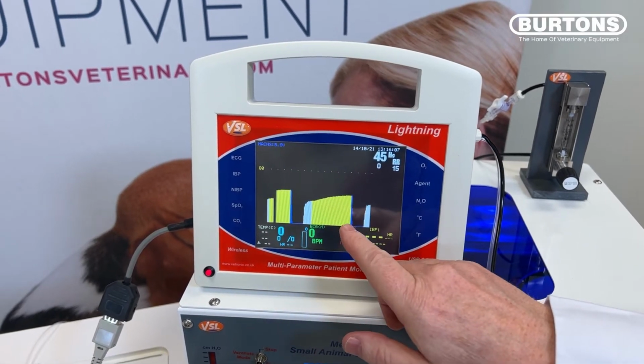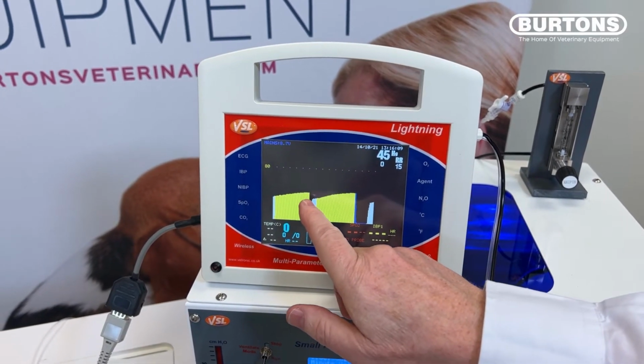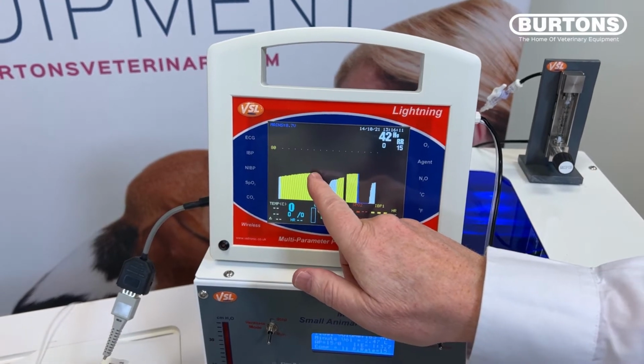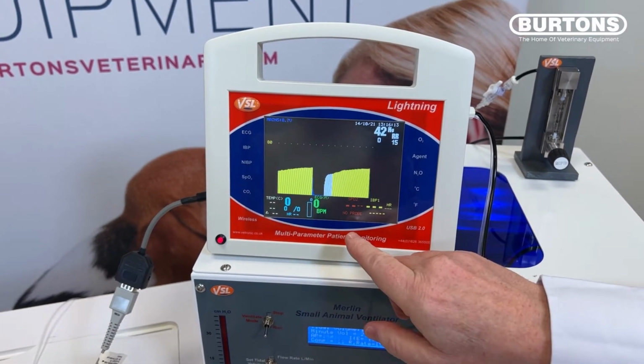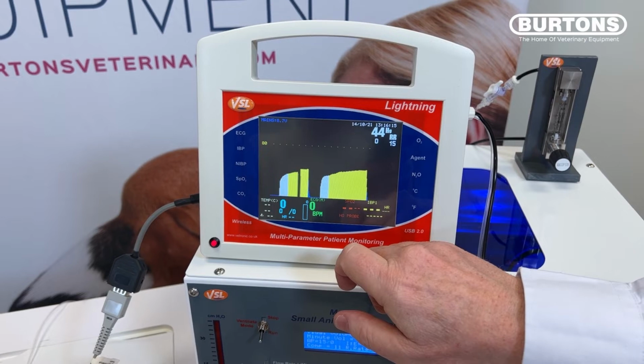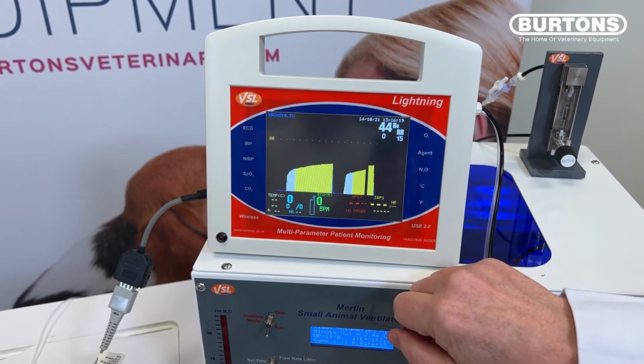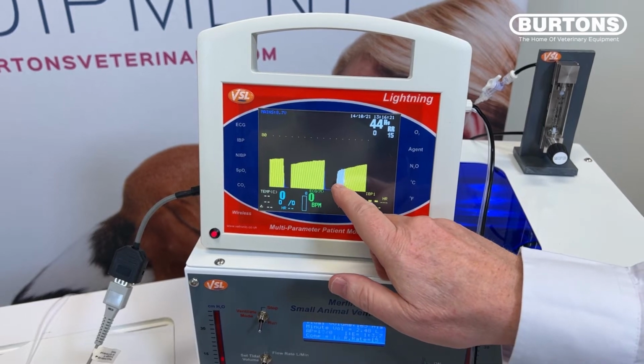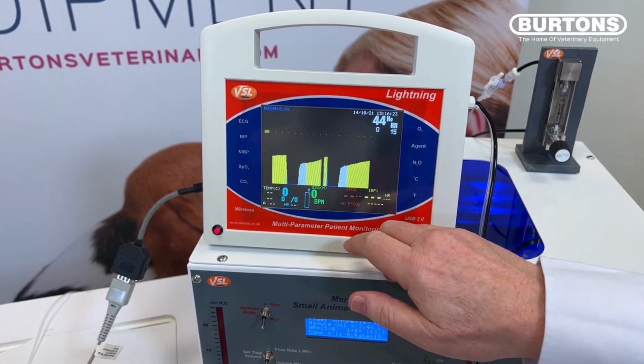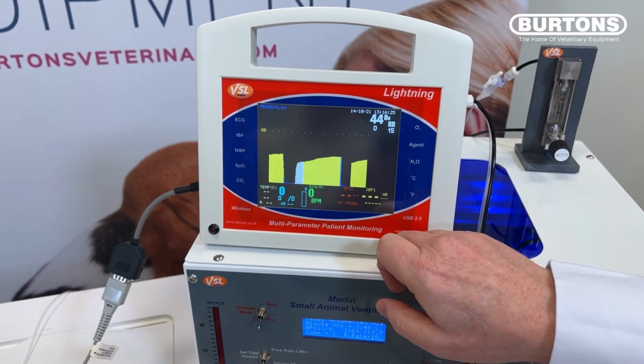So inspiration starts from the very end of expiration, and we see a very rapid drop in the CO2 as the animal breathes in and it's replaced by fresh gas. So we would expect to see just a slither of blue at the end of the trace. The normal degree of expiration is shown by the white, and the yellow is showing the pause.